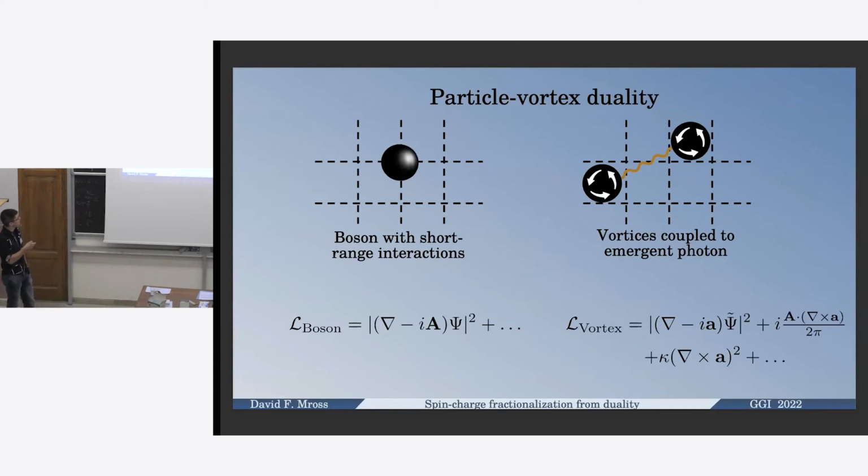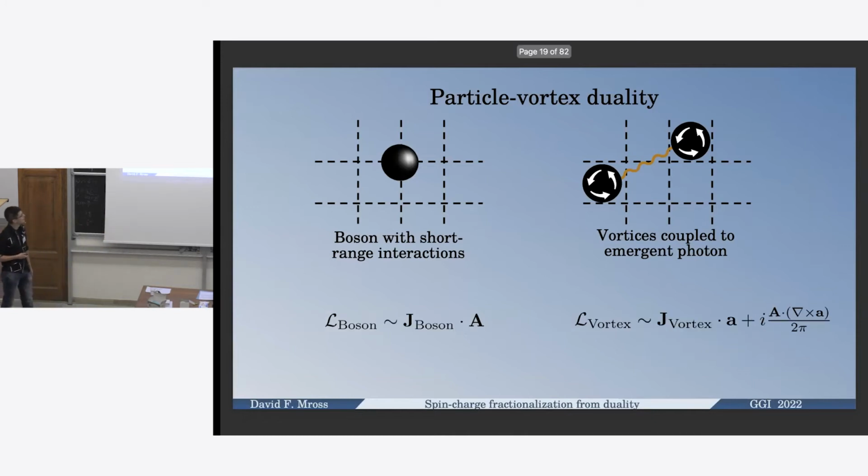I have some theory of these bosons psi, they couple to some static external electromagnetism A, and I describe it instead as this theory of vortices. They couple to some dynamical gauge field here in such a way that the flux of this dynamical gauge field is just the current of these bosons. And this theory has lots of symbols for describing something very simple. So I'll replace it by some kind of shorthand, which is like so.